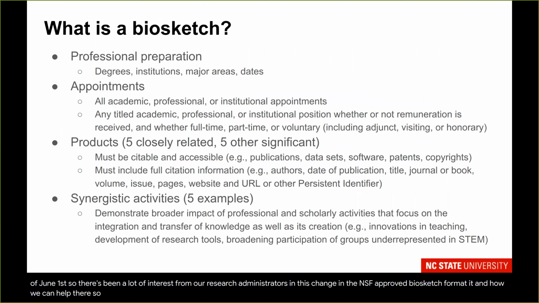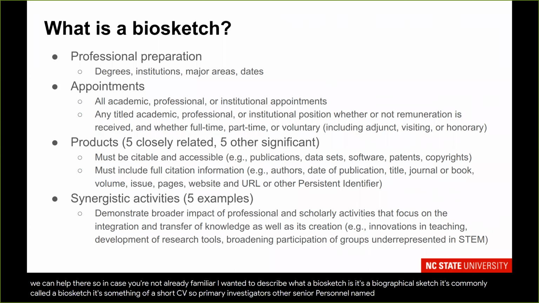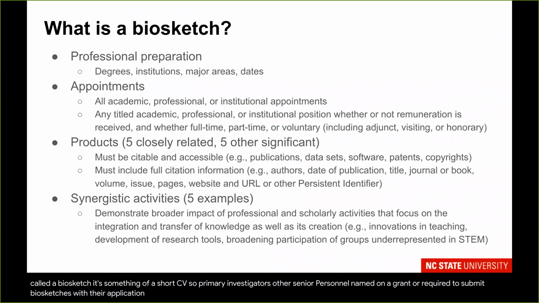So in case you're not already familiar, I wanted to describe what a biosketch is. It's a biographical sketch. It's commonly called a biosketch. It's something of a short CV. So primary investigators and other senior personnel named on a grant are required to submit biosketches with their application. It includes professional preparation like degrees and appointments and employment.